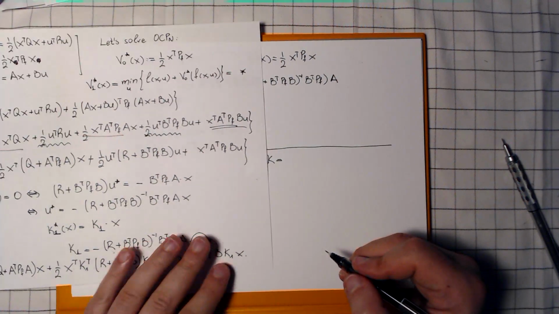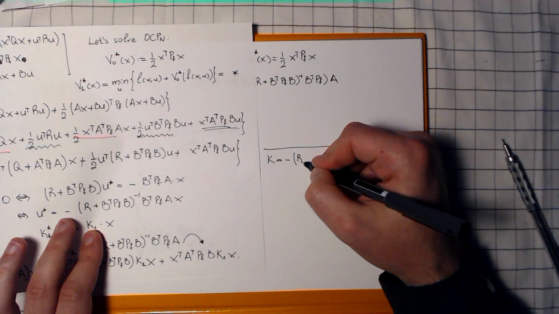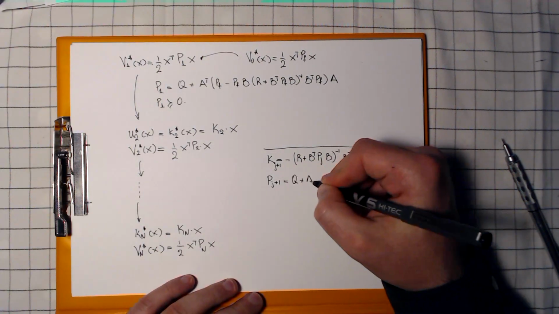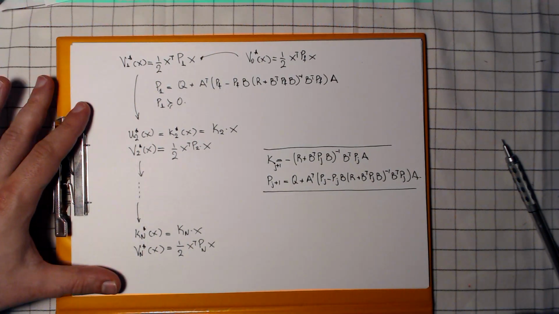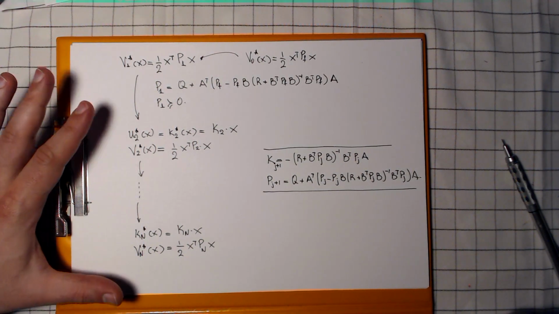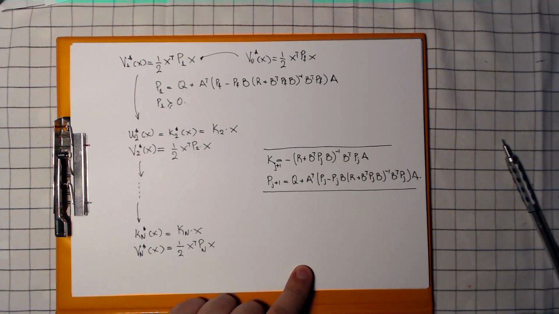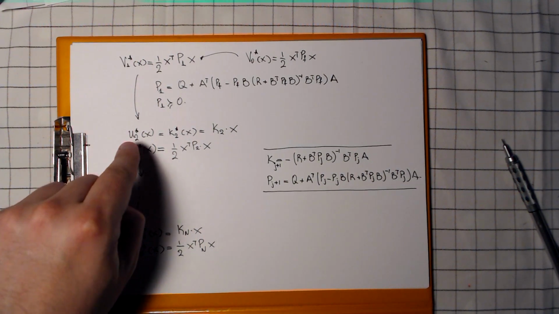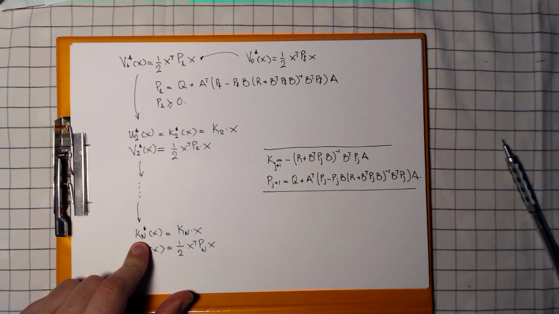Well, both will be no surprise, so I can copy them from here. K will be as it was here, and we have now solved the linear quadratic optimal control problem with horizon n using the dynamic programming method. And on our way, we have determined kappa n star, kappa n-1 star, and so on. We can use these to determine the optimal policies of all problems with horizons up to n.